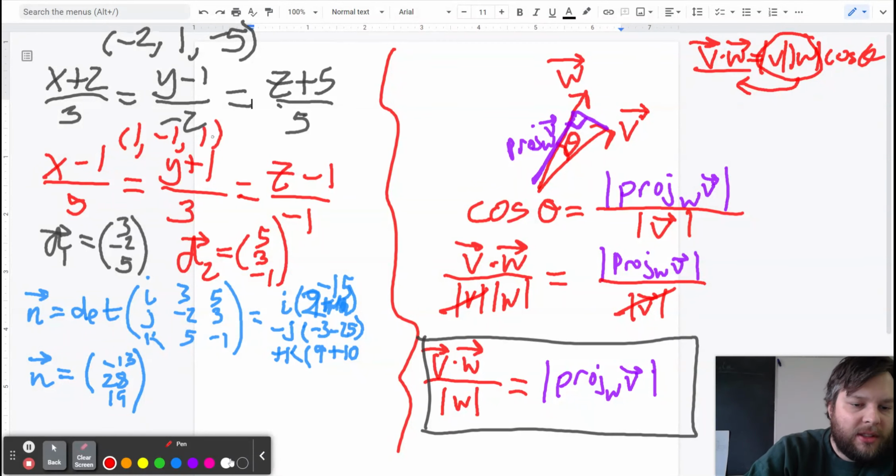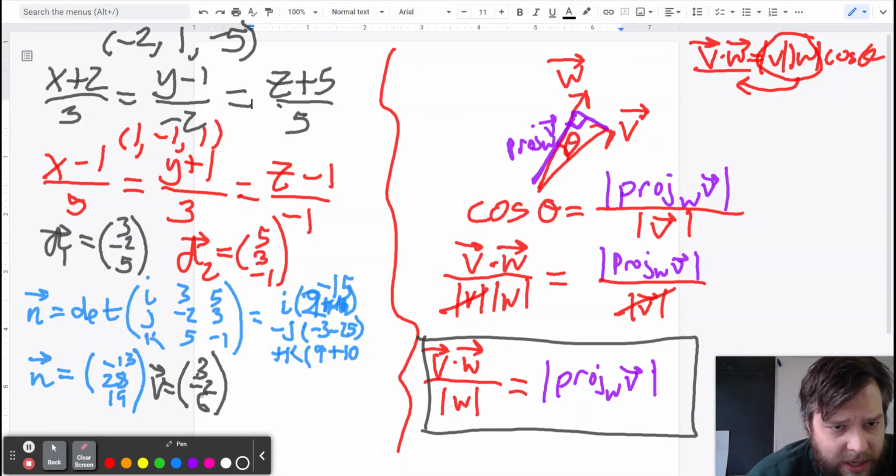And so I know that there is a vector between the two lines where the x values went up by 3. I'm going to call it vector V because it just connects my two lines. So from -2 up to 1, then from 1 to -1 is a -2. And from -5 to +1 is going up 6. So I'm going from the black line to the red line, and I think I did those subtractions correctly.